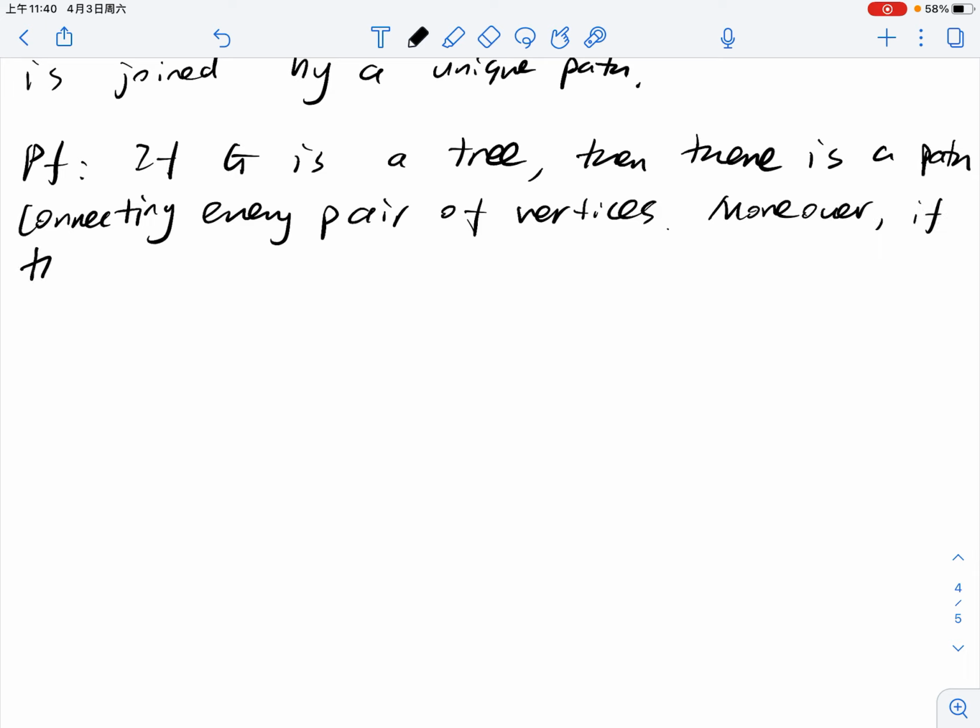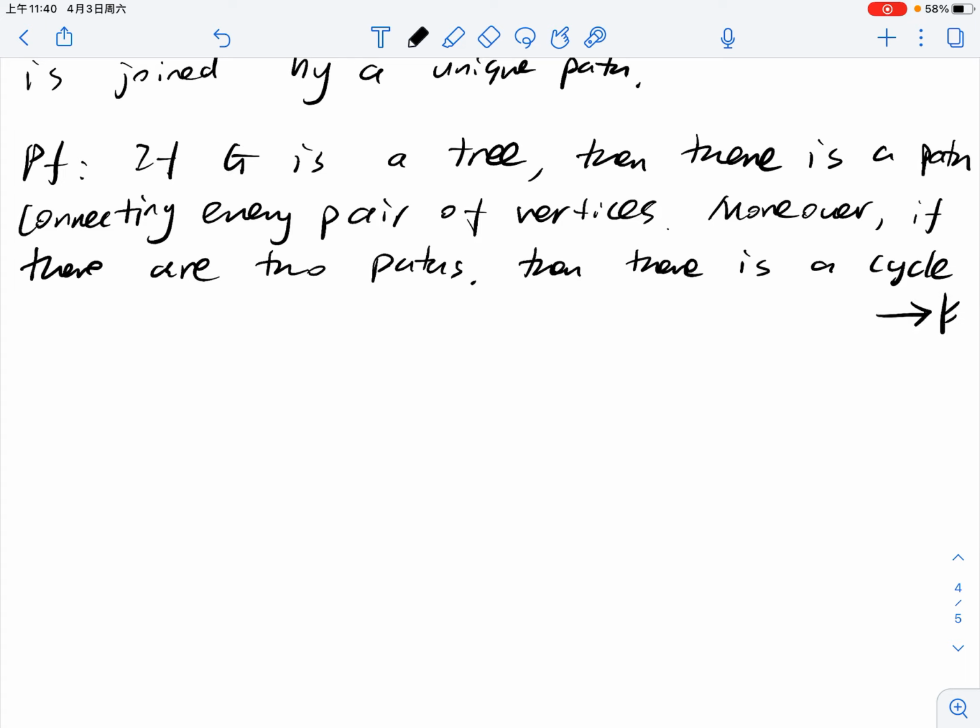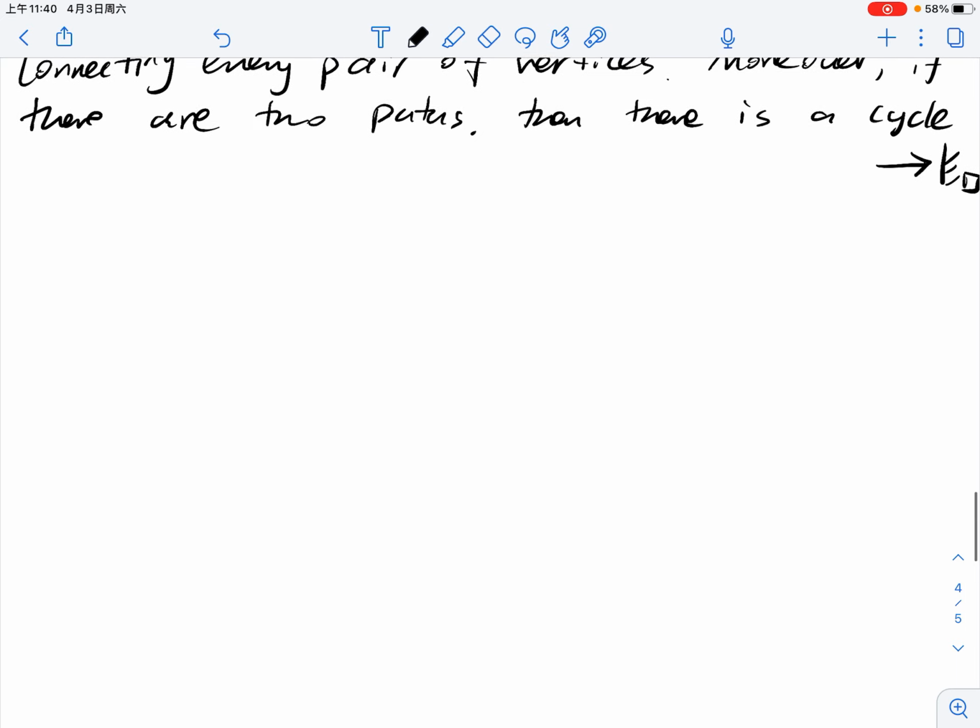Moreover, if there are two paths, then there is a cycle which contradicts with theorem B. Theorem B tells us that for a tree, no cycle can exist.